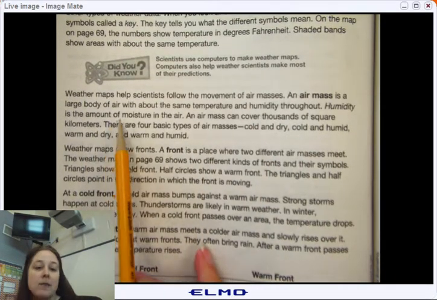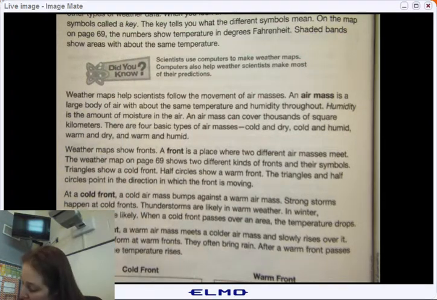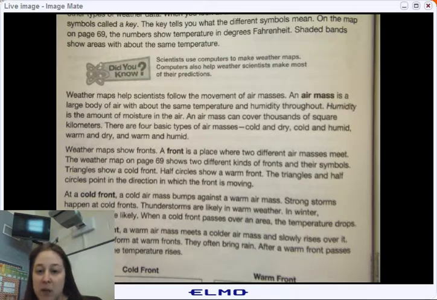Humidity is the amount of moisture in the air. There are 4 basic types of air masses. So it's asking us to label all 4. If you'll take a moment and list them. You have cold and dry, cold and humid, warm and dry, and warm and humid.